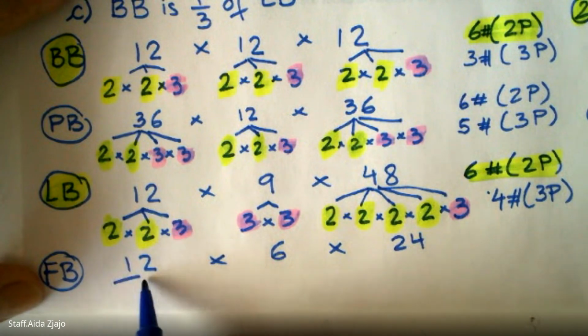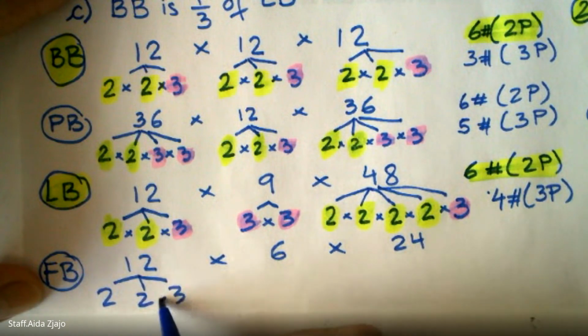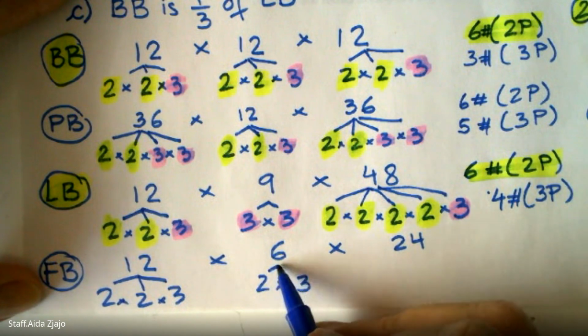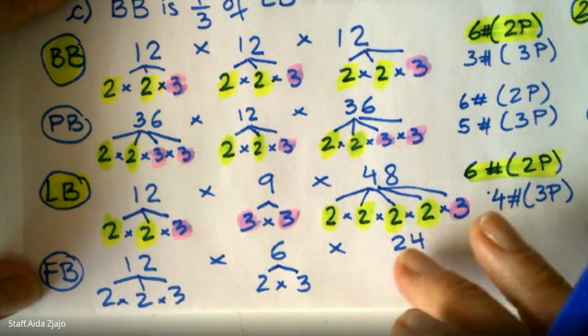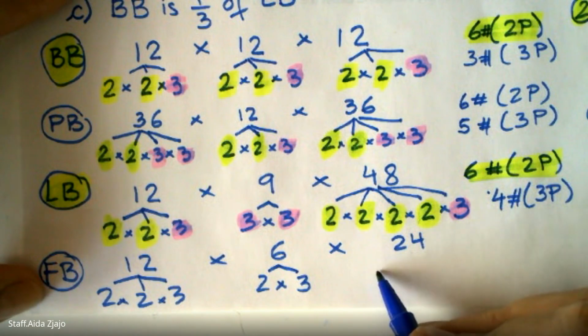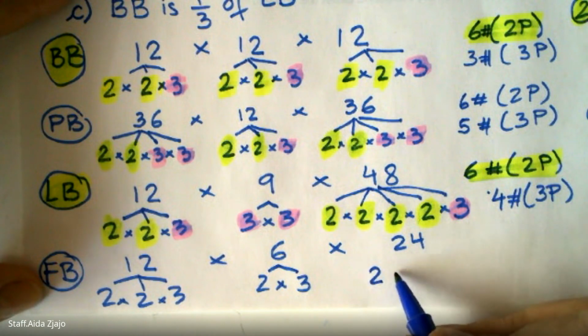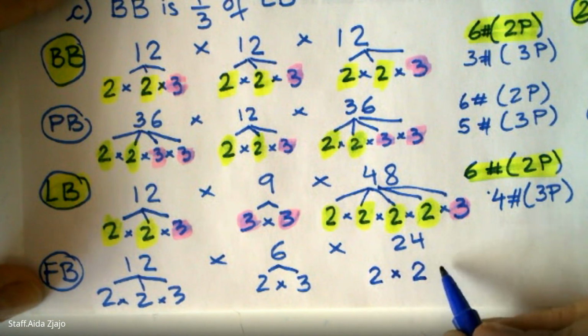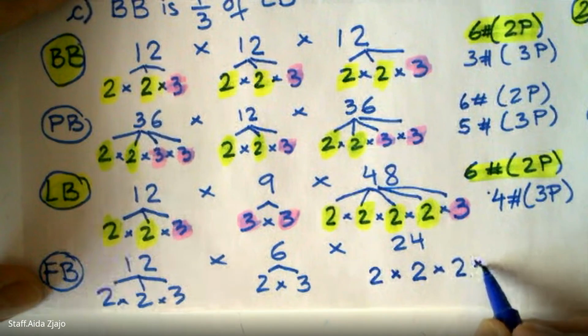So here 12 is 2 times 2 times 3, 6 is 2 times 3, and 24, you can think about 2 times 2 times 12, but then you do times 6, and then finally 2 times 3 is 6.